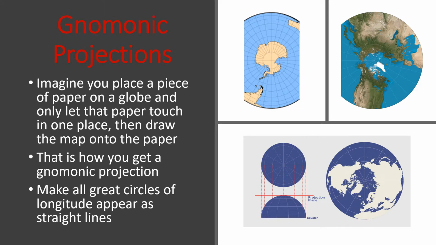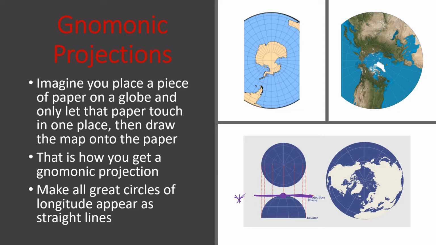The next kind of projection is called a gnomonic. So it's kind of like a garden gnome. That's how you pronounce it. And what you're going to do is imagine placing a piece of paper just on top of your globe, just like this over here, where it only touches at one point.